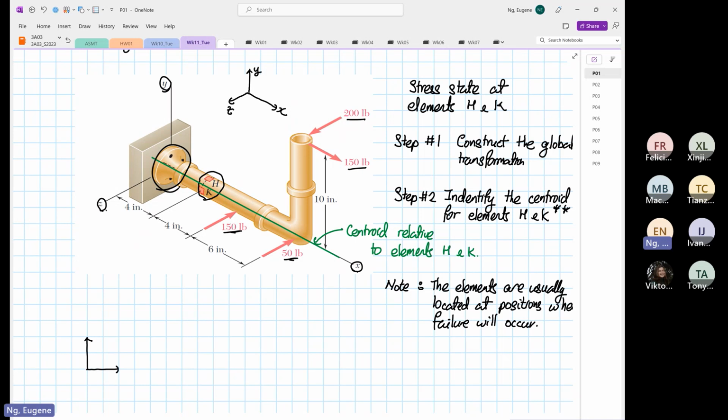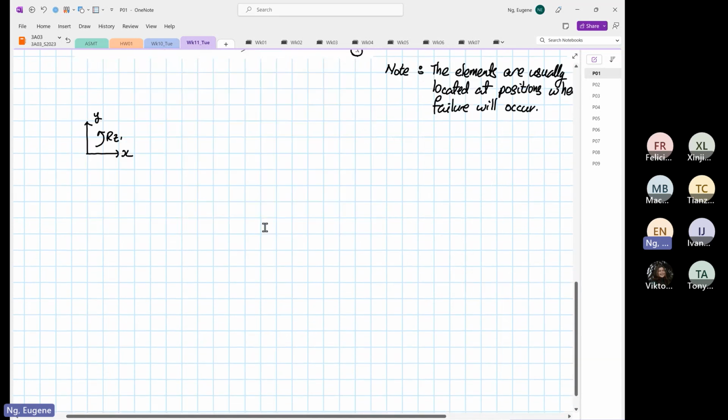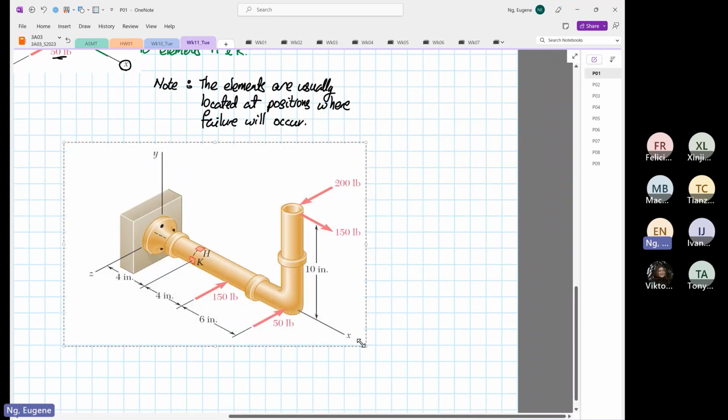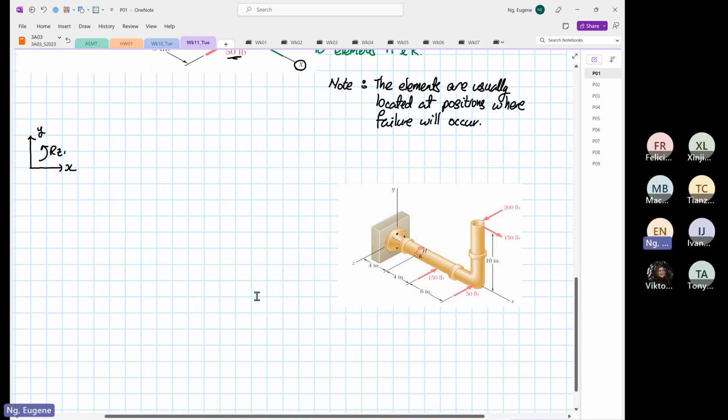This is our X, and this is our Y, and this is our rotation about Z. I'm going to make this a smaller figure so you can all see what I'm trying to draw. We're viewing from the side view now, the XY plane. This end is built in, built in on one end.